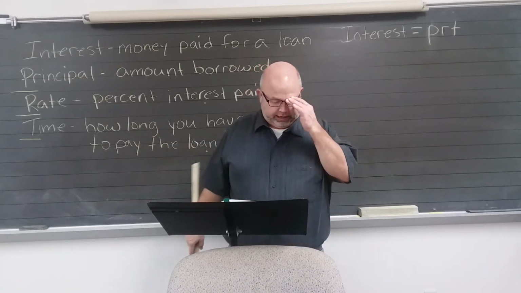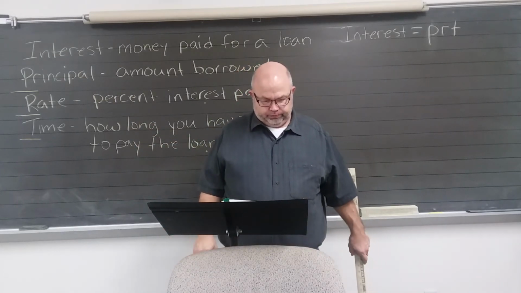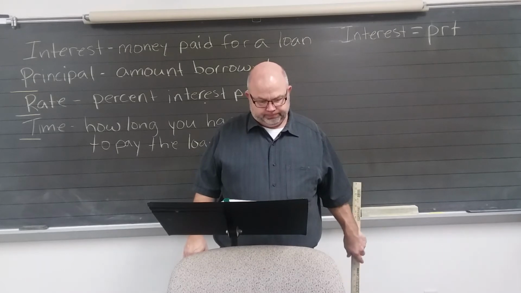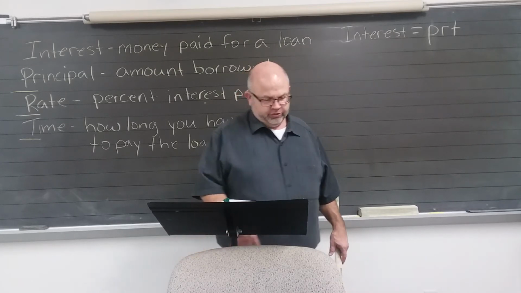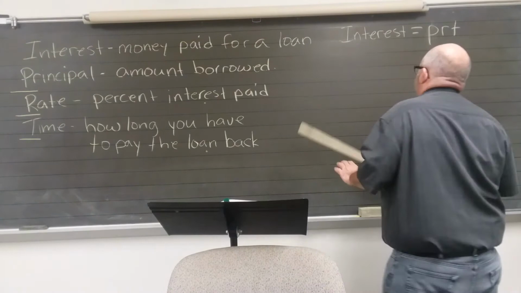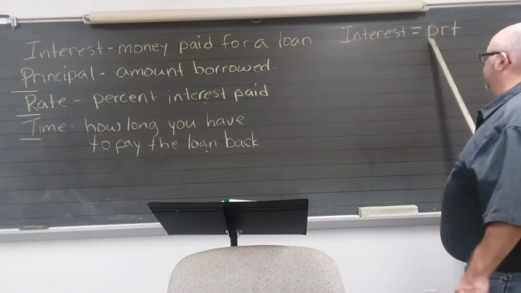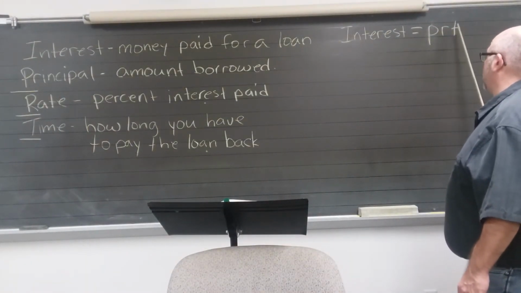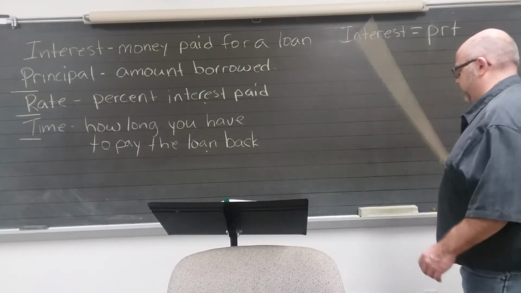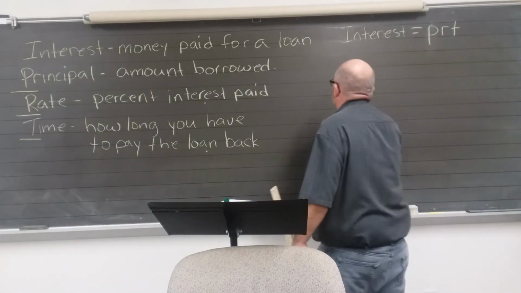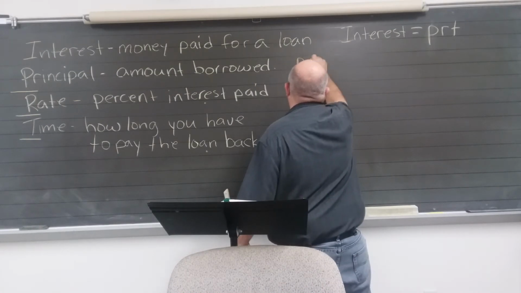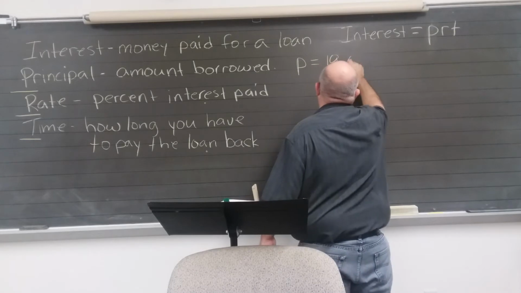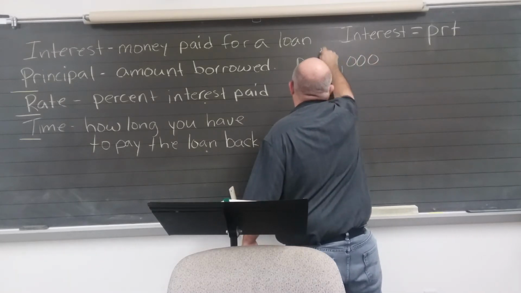All right, so let's say that we are borrowing $19,000. So to find the amount of interest you paid, here's the formula: PRT, principal times rate times time. So we are borrowing $19,000. That's the principal. Principal equals $19,000.